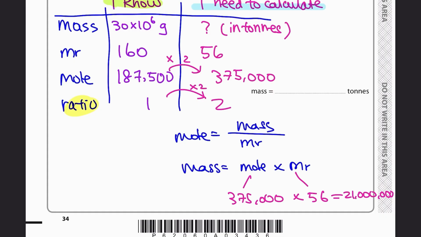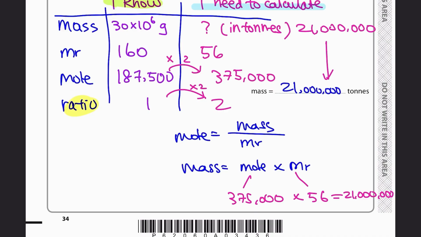Okay, and therefore that would be my answer here. 21, 0, 0, 0, and then 0, 0, 0. And that's the answer I put in here, which is 21,000,000.